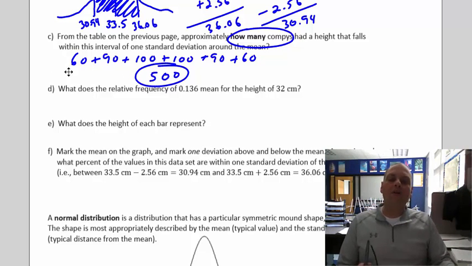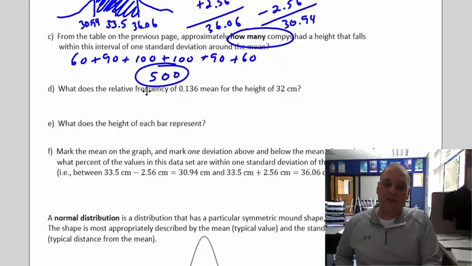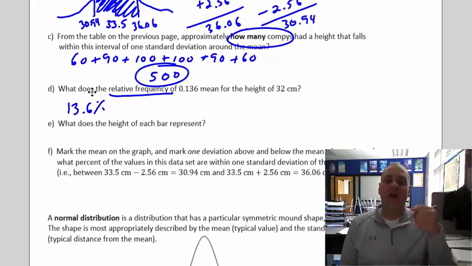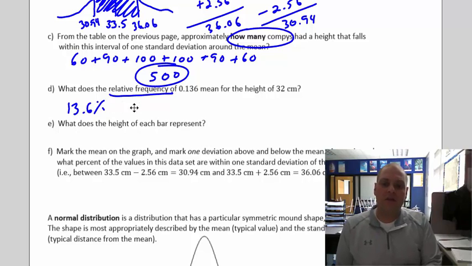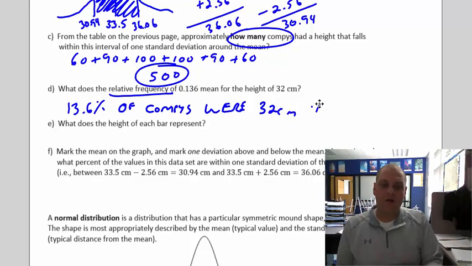All right. What does the relative frequency 0.136 mean? We already talked about that earlier in the video. It means that the relative frequency is the probability. So it's 13.6%, the probability that they would be 32 centimeters tall. 13.6 percent of the copies were 32 centimeters tall.